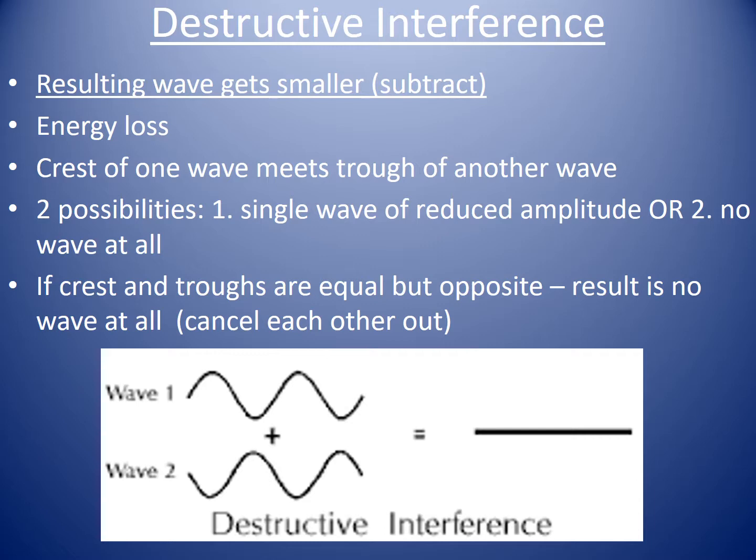In destructive interference, the resulting wave gets smaller and we subtract, and they cancel each other out. So sometimes we call this cancellation.